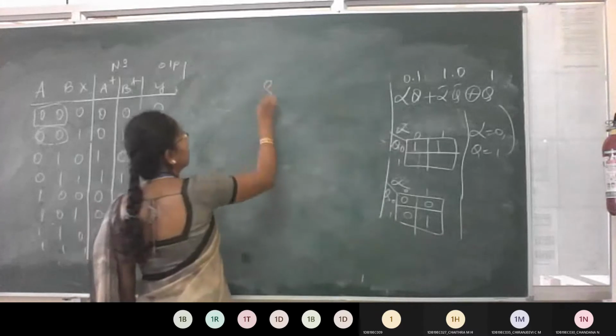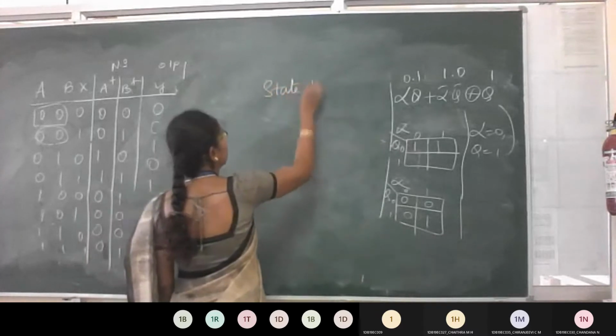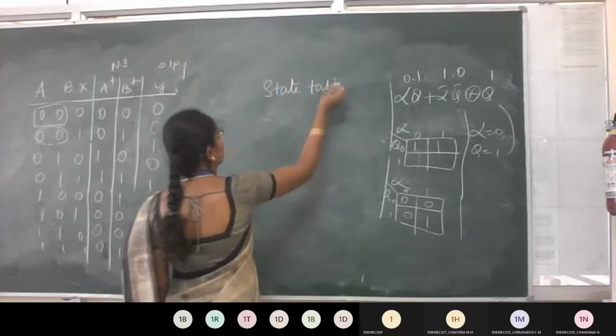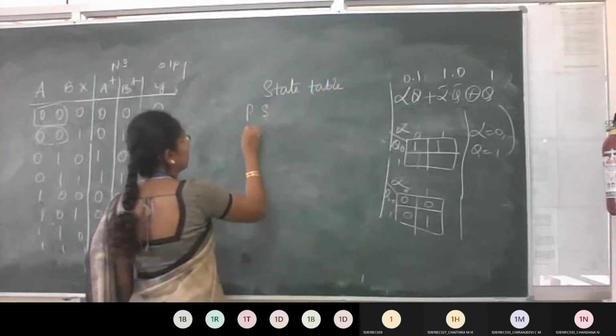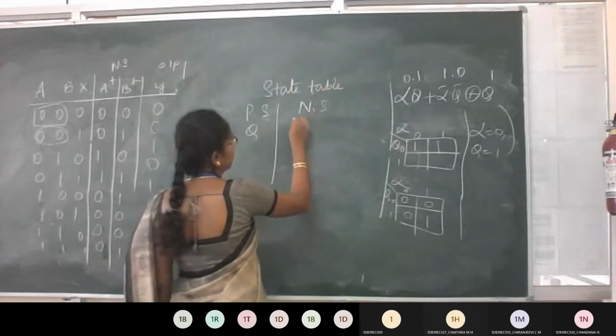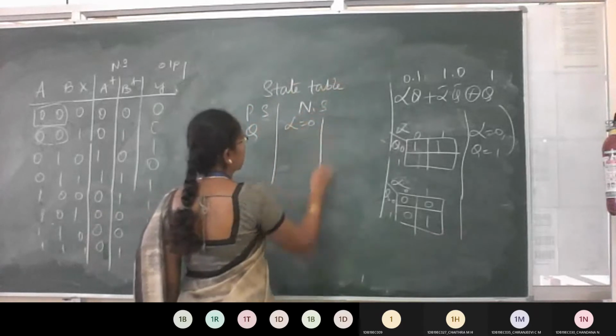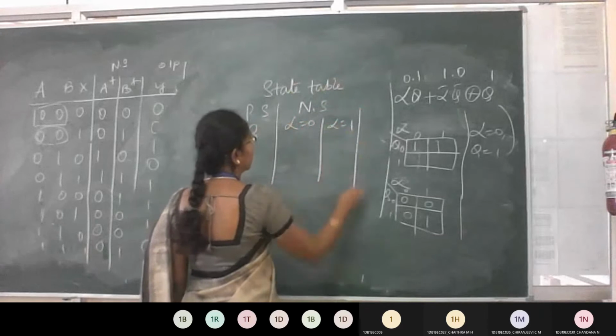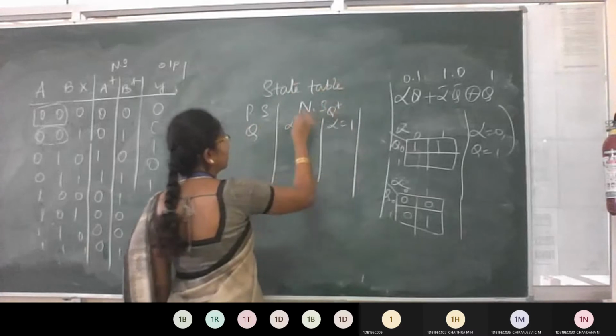So, state table. Present state Q, next state alpha 0, alpha 1. This is Q plus.